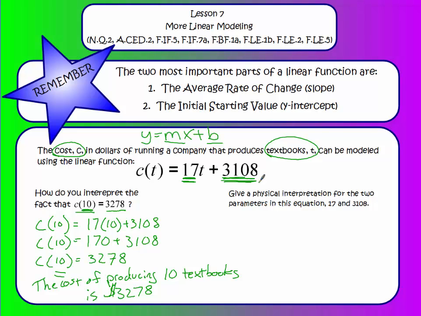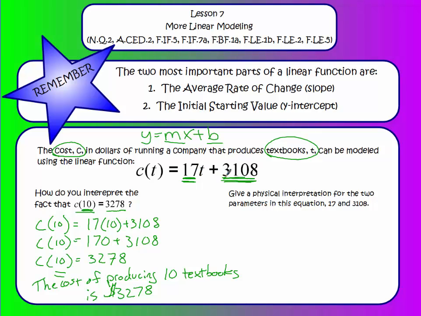All right, let's start with the 3,108. That is the starting value for this function. In other words, it's going to cost my company that much whether or not I make a textbook. Think about it. If you put in 0 for T, in other words, I made 0 textbooks, then I have 17 times 0 plus 3,108.